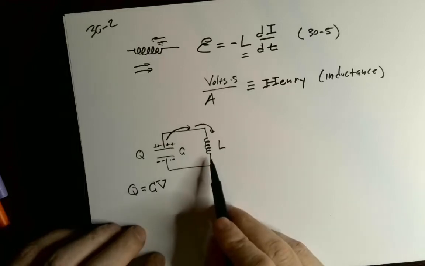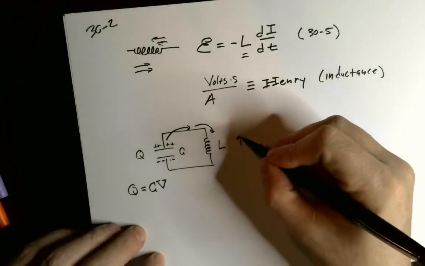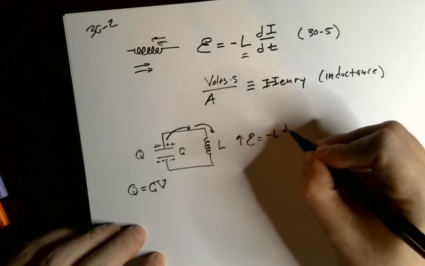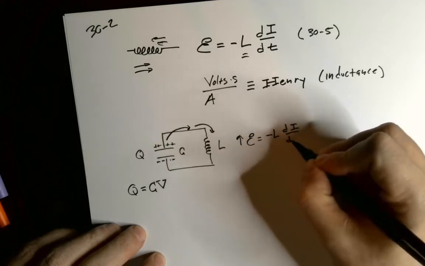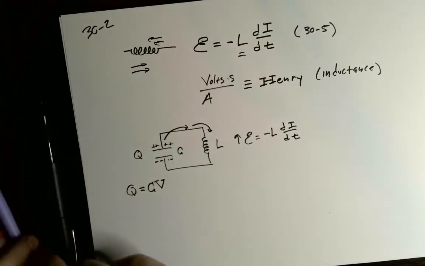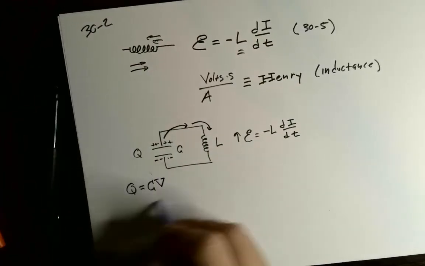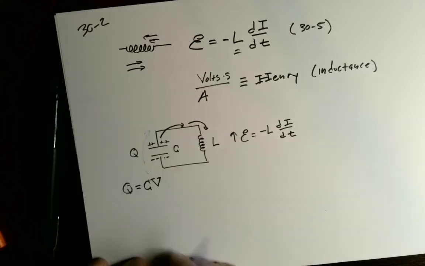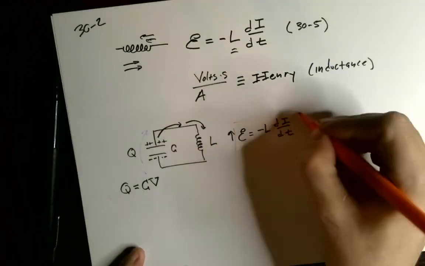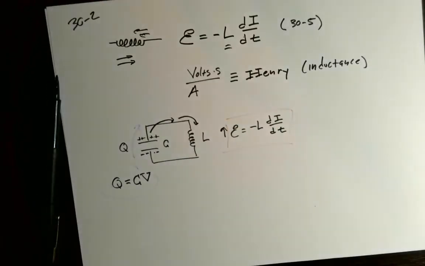The inductor, though, is going to want to push in the other direction with an EMF equal to the rate of change of that current. So we've got two circuit elements that are sort of fighting one another. The capacitor wants to push charge around the loop, and the inductor wants to resist that change in current.